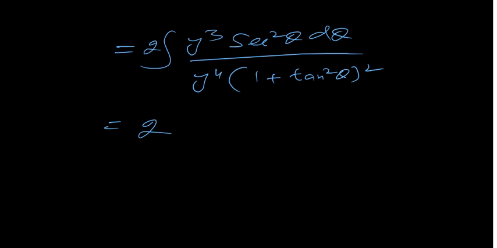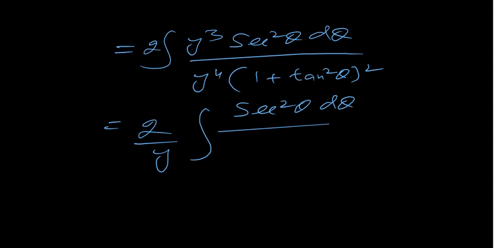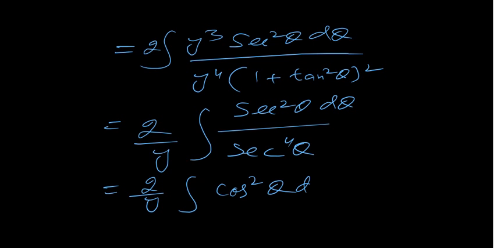That's equal to twice y cubed over y to the fourth, which is 2 divided by y, because y is treated as constant here. It's sec squared theta d theta divided by, 1 plus tan squared theta is sec squared theta, then whole squared, it's sec to the fourth theta. This is equal to 2 over y integral of 1 over sec squared theta, that's equal to cos squared theta d theta.